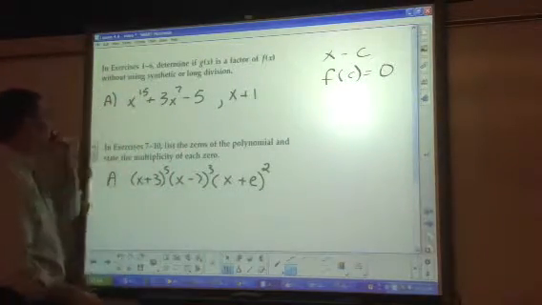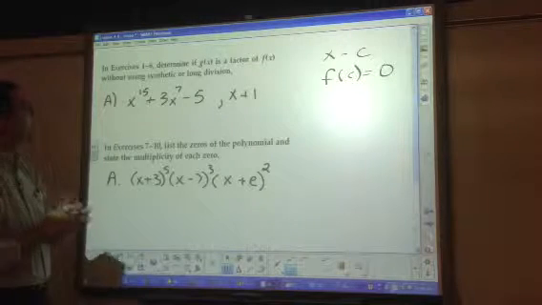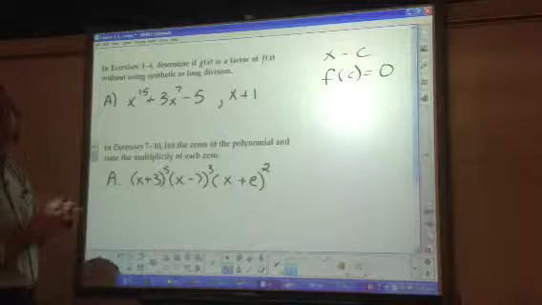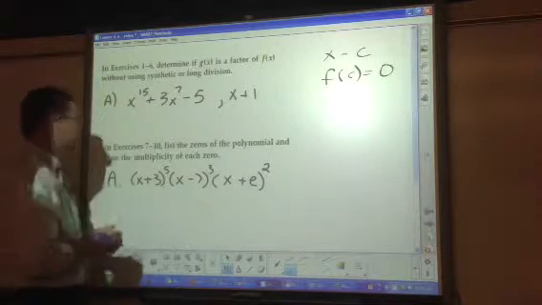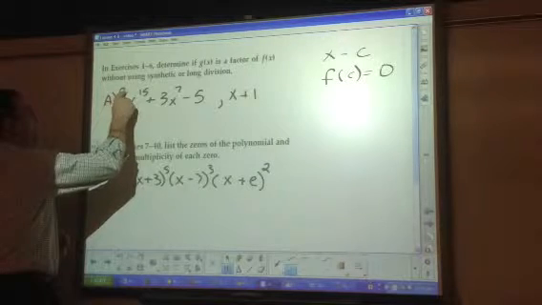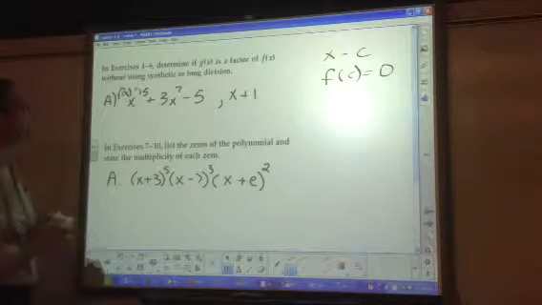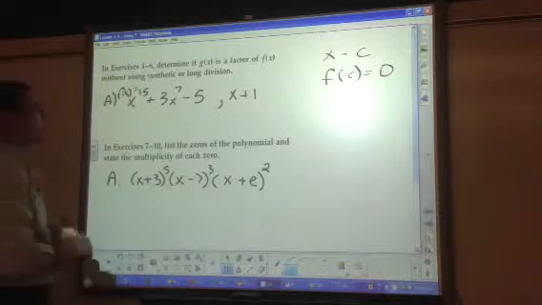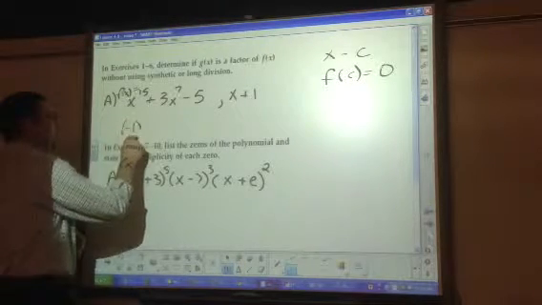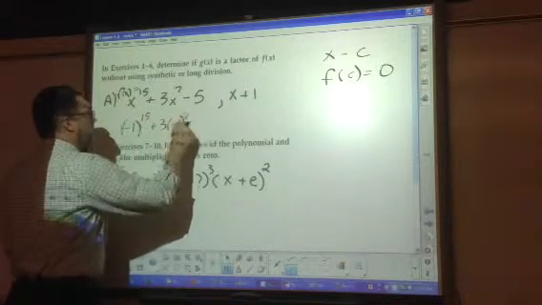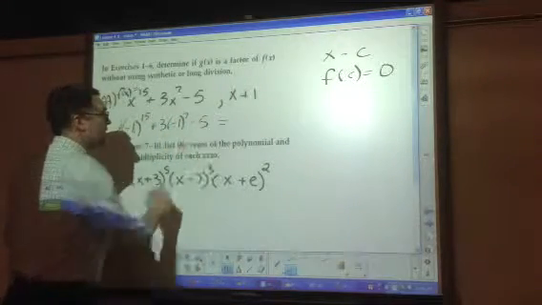So here we have an example A, where x to the 15th plus 3x to the 7th minus 5 is our function, and I forgot f of x, so f of x equals that. They want to know whether x plus 1 is a factor. So I'll just put in -1 for x and simplify it.